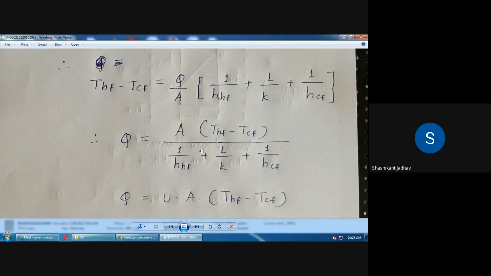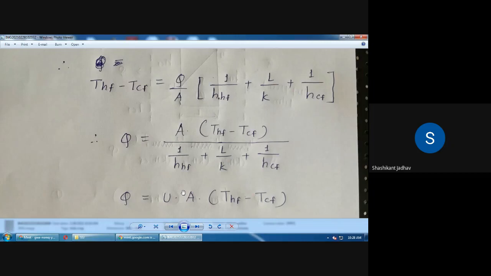If we compare these two equations, Q is equal to A into bracket THF minus TCF divided by 1 upon HHF plus L by K plus 1 upon HCF, and Q is equal to U into A into THF minus TCF, can anyone tell me what is the equation for the capital U?